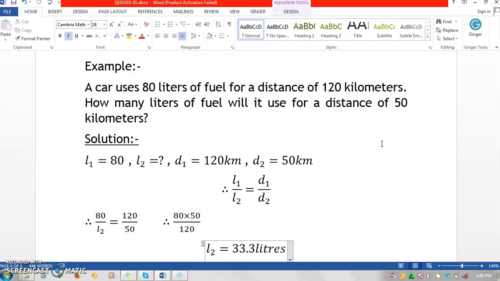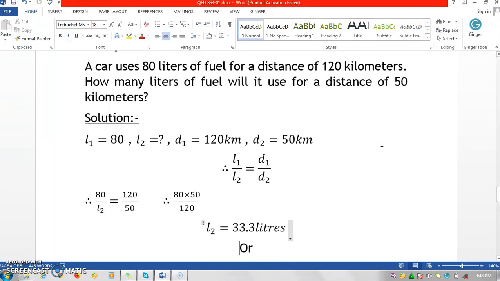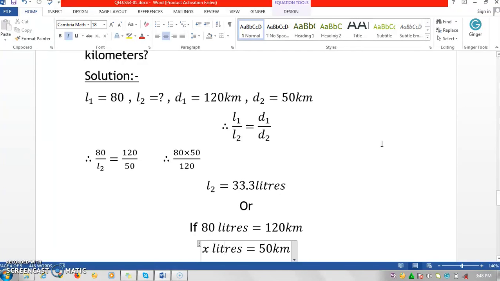The distance 1 is 120 kilometers, while distance 2 is 50 kilometers. We simply use the formula L1 over L2 equals D1 over D2, which is 80 over X, the unknown, equals 120 over 50. And by the time we cross multiply, we have our L2 to be 33.3 liters.